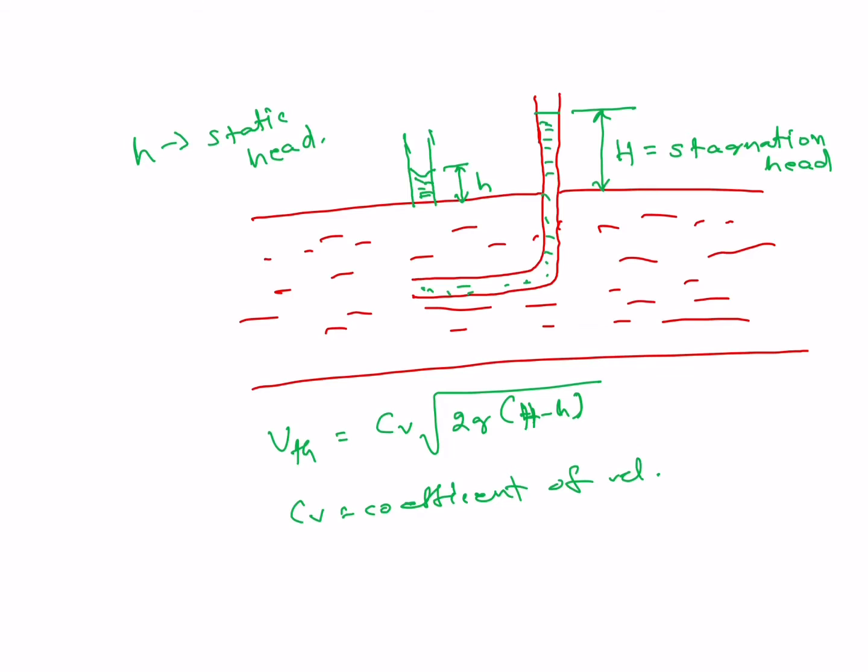Actually, if you insert the Pitot tube, by using Bernoulli's equation, you will get velocity head, V square by 2g, equal to capital H minus small h, stagnation head minus your static head.